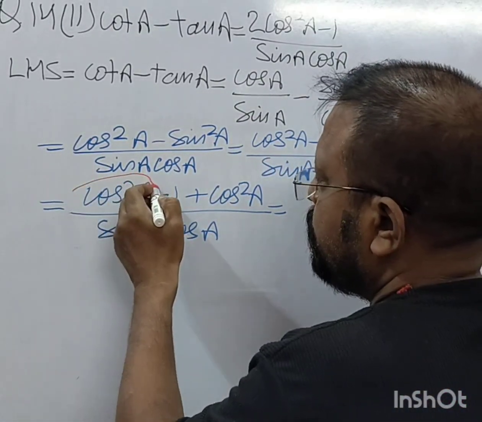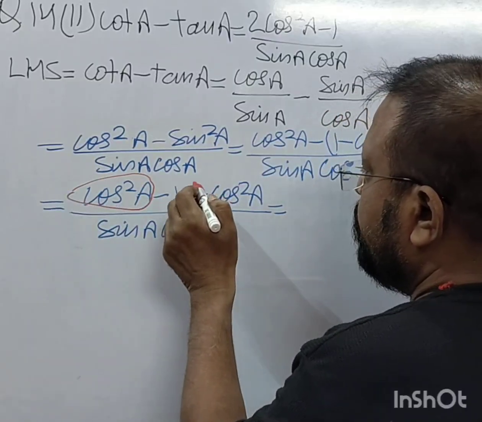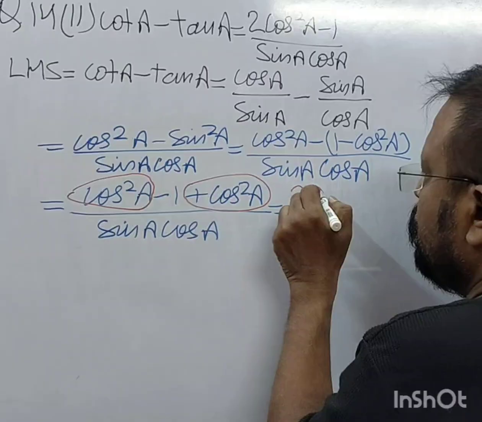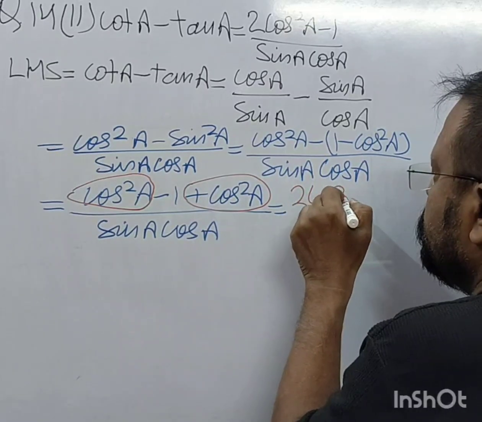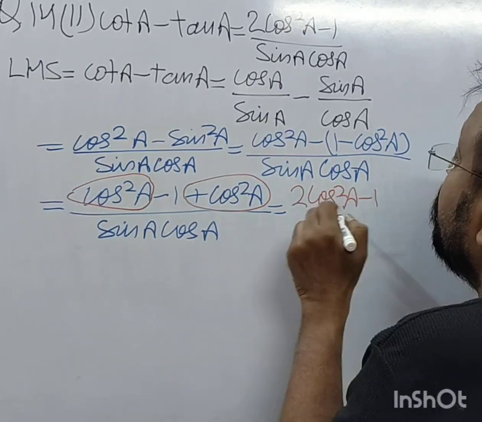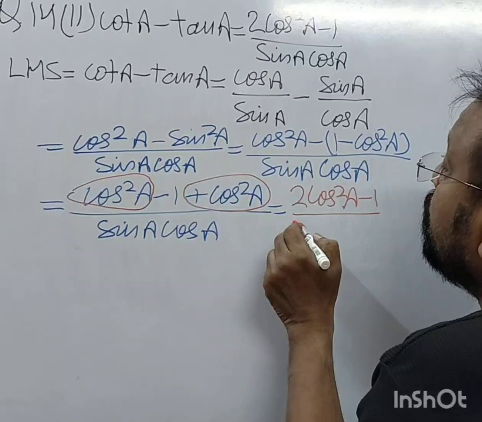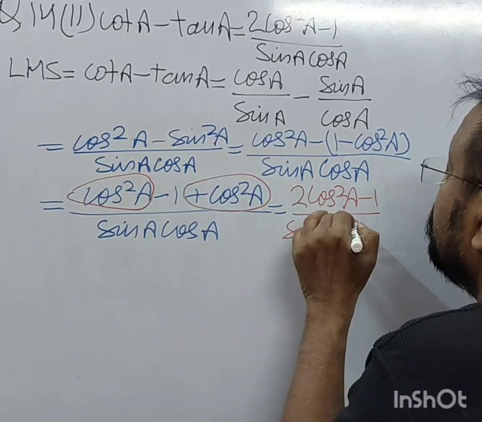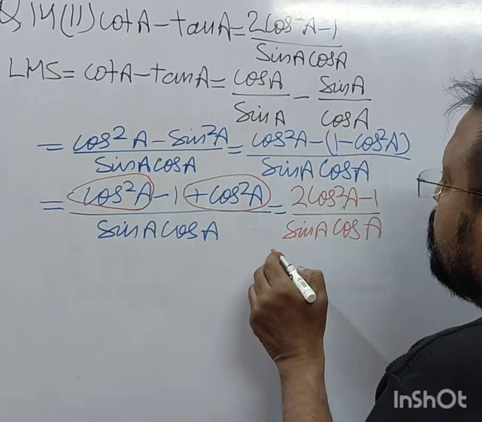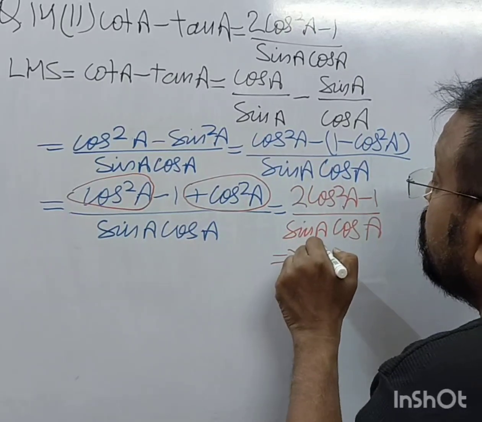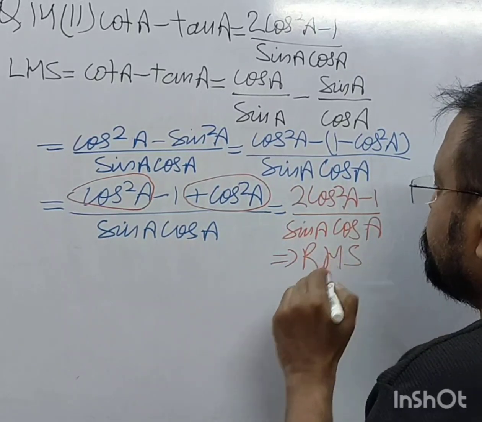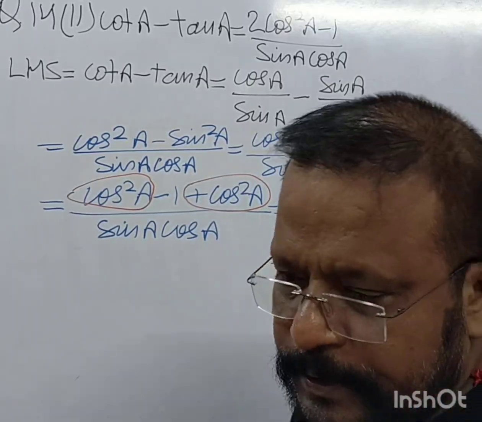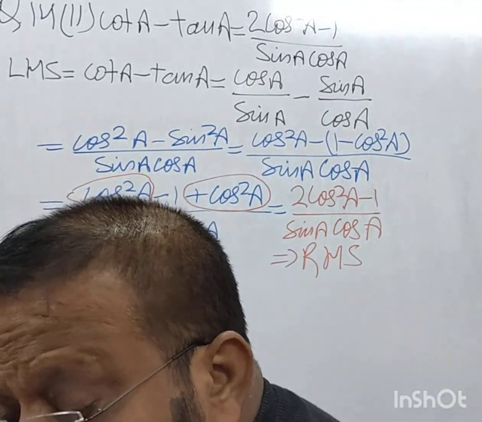This one and this will be added. So we get 2 cos square A minus 1 upon sin A cos A, which is equal to RHS. You get this? This is the 14th second part.